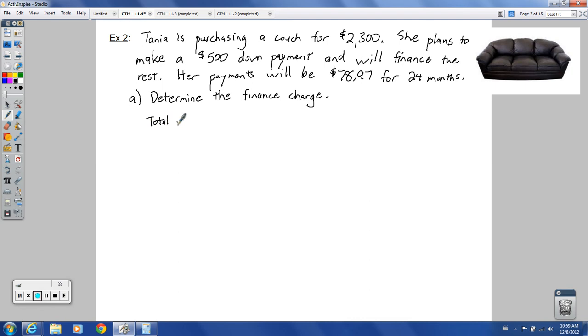write it down like this: total installment price equals all monthly payments plus the finance charge.